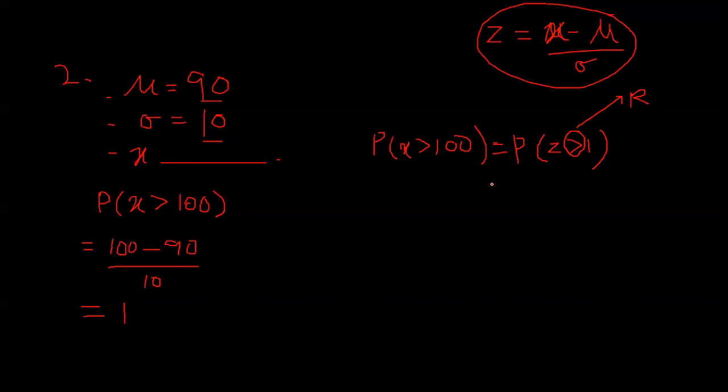So how do we get the area to the right? Total area, again, this is total area. I'm not writing the full sentence here, but in your practical task, please write the full sentence. That is total area minus area to the left of Z equal to 1.